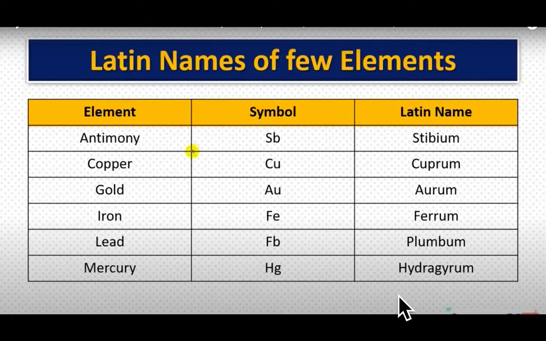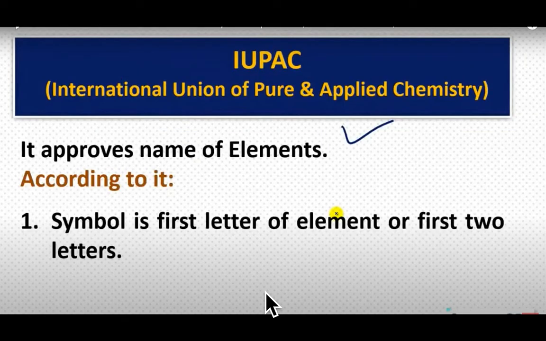Sometimes it may be asked; in the book the table is given, you have to learn only those. Therefore, the symbol of an element is always represented by the first letter or first two letters. The first letter is always written capital and the next letter is always written small.